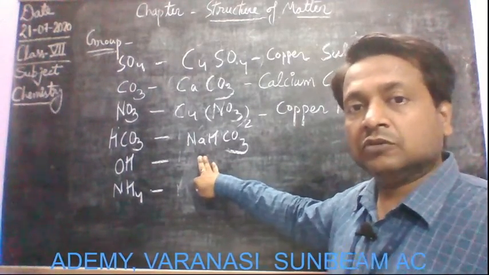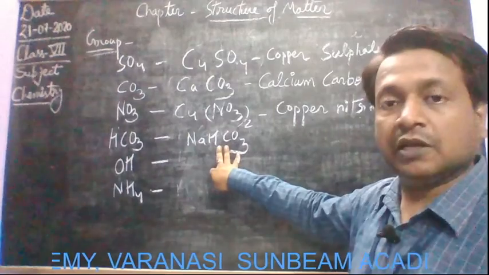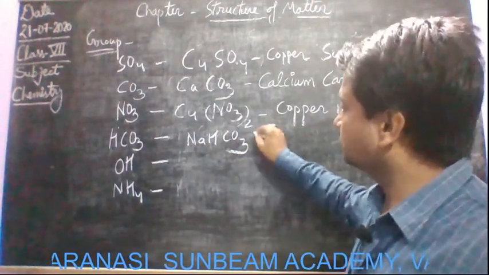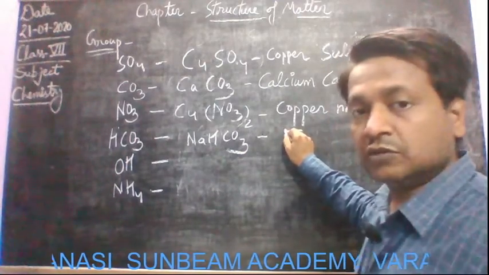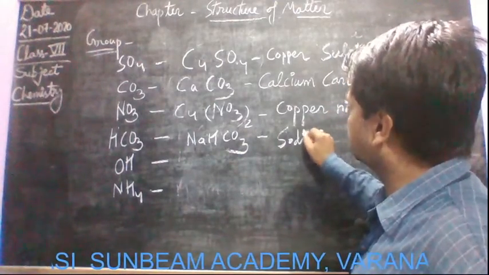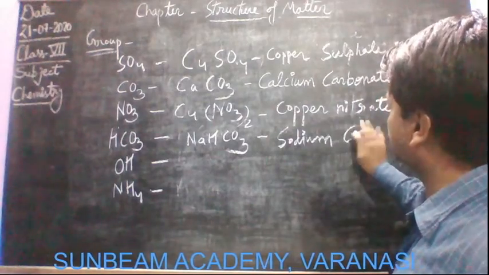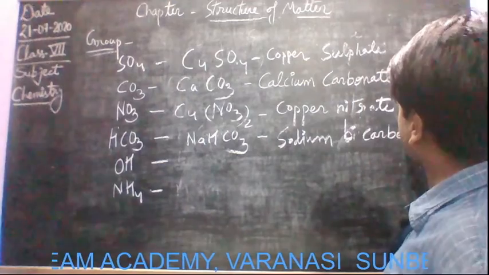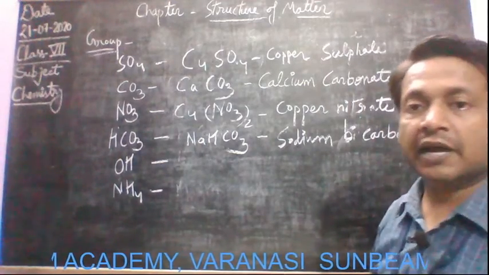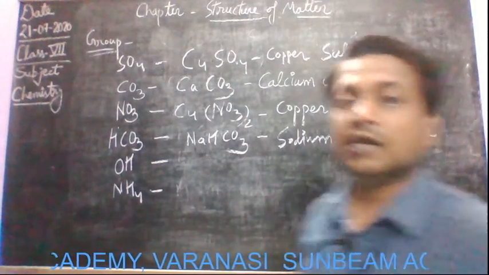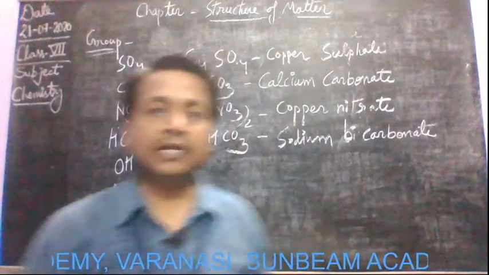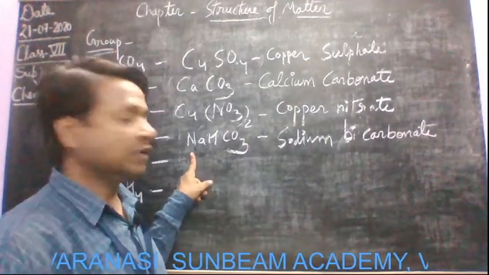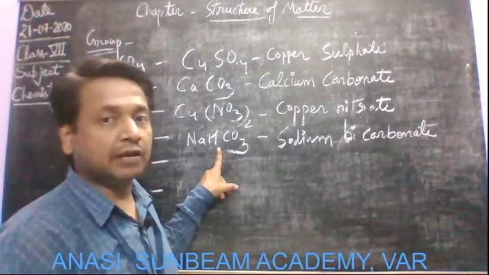In this compound, the bicarbonate group joins chemically with a sodium atom and forms sodium bicarbonate. So we can say that one molecule of sodium bicarbonate consists of one atom of sodium and one molecule of bicarbonate.